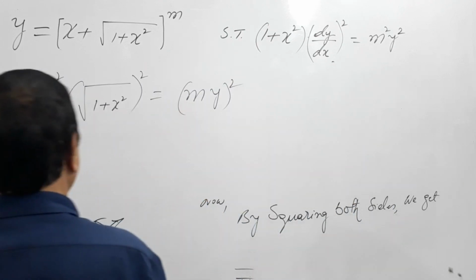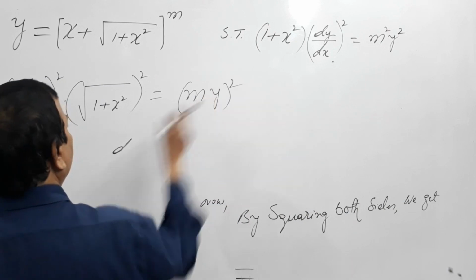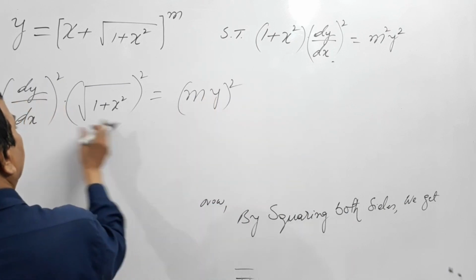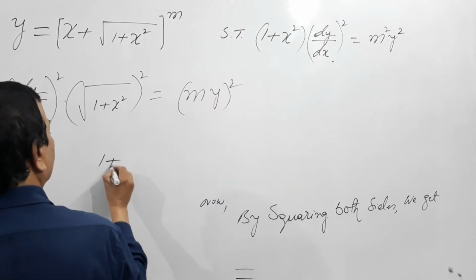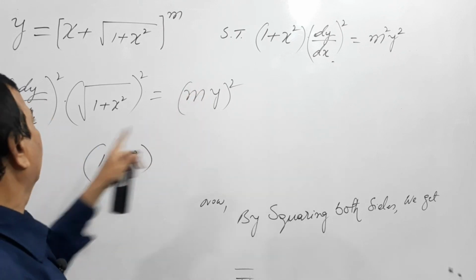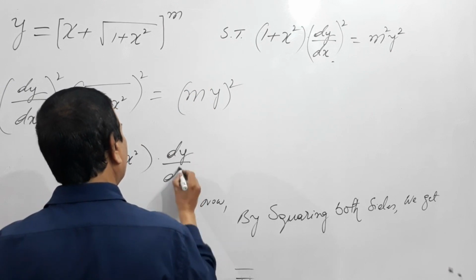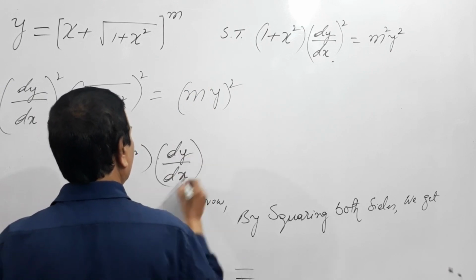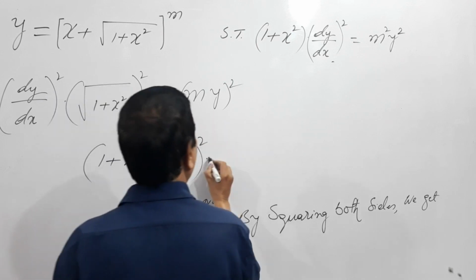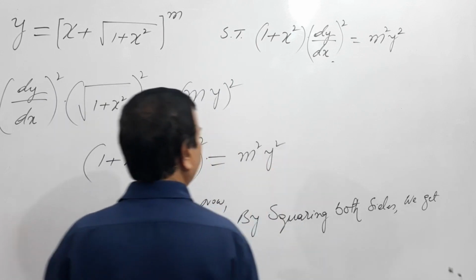So what happens to this? This becomes, we want it on this side first, I bring this 1 plus, it becomes 1 plus x square, we have already got this, and this becomes dy by dx the whole square into, this becomes equals m square into y square.